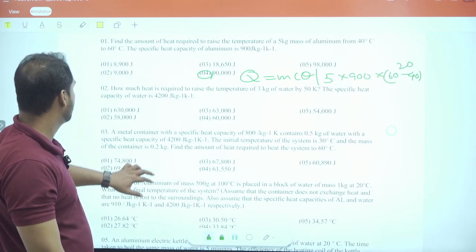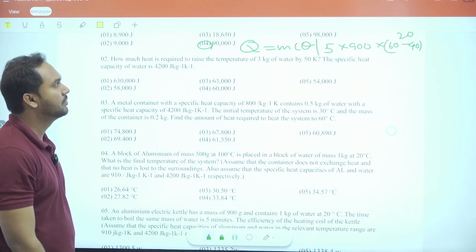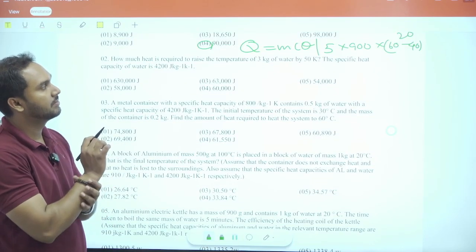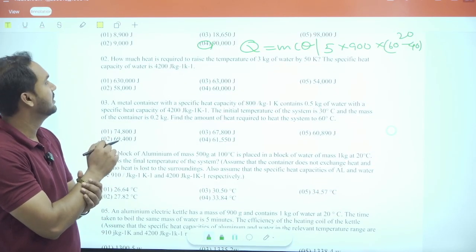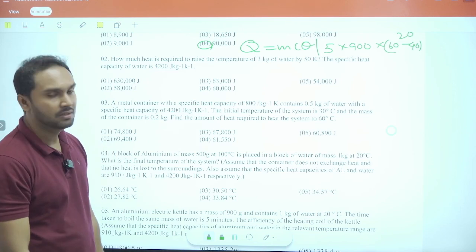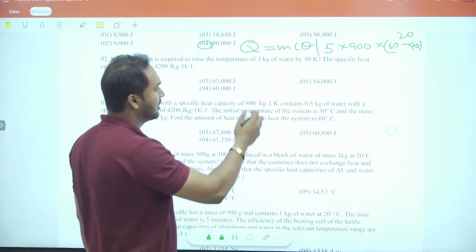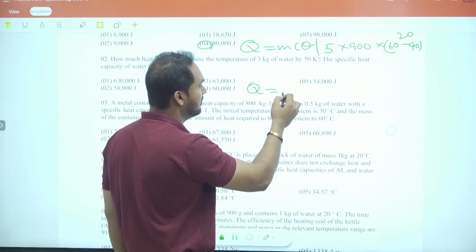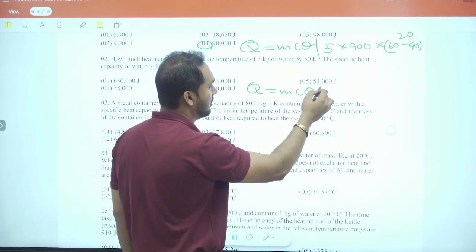Okay. Second question. How much heat is required to raise the temperature of 3 kg of water by 50 Kelvin? The specific heat capacity of water is 4200. So it's again Q equals mc theta you have to put.